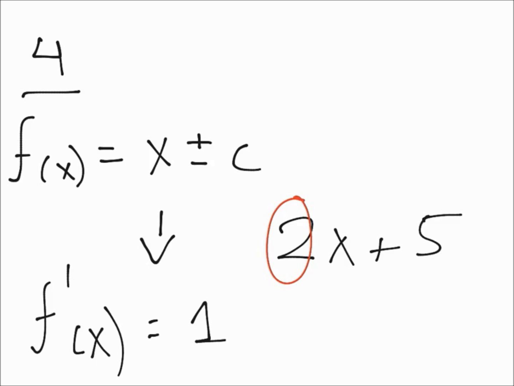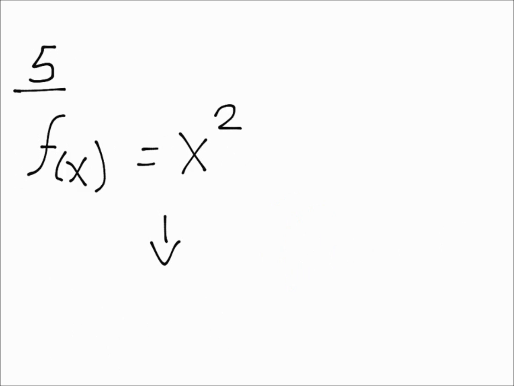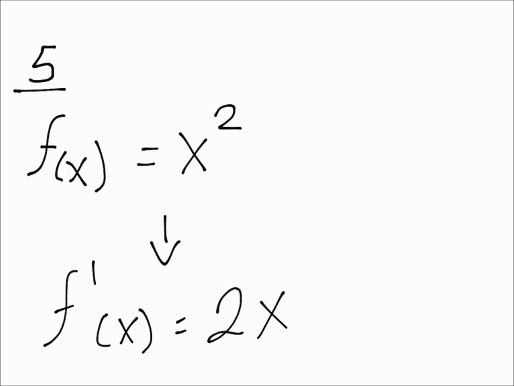Our last basic function, there's plenty more derivatives, of course, and it will get more complicated as I make more videos, is when we have our variable squared, and that's just going to be 2x.